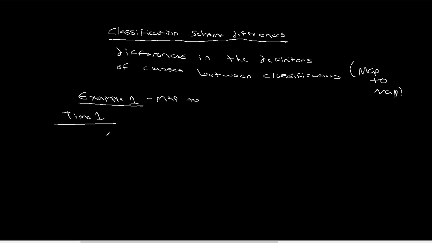Let's say that you or your friend found a historical classification on the internet, or maybe you had a company, and that company had a classification scheme where water included swimming pools.